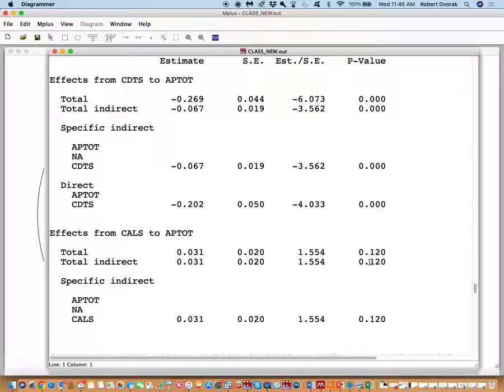Let's call these A, B, C, D, E, and F. Simple 1 will be A times E, simple 2 will be B times F, simple 3 would be C times E, and simple 4 would be D times F.